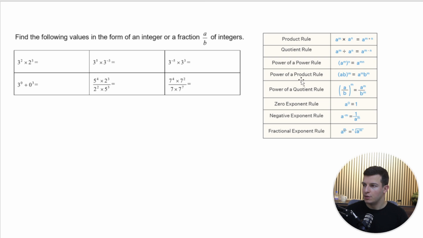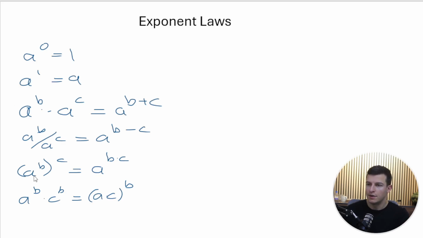There's a power rule we talked about, product rule. Okay, when you have a bracket, when you open them, you apply the power to every single one of them. Yes, negative. We didn't talk about negative, yes. So if you have a to the power of negative m, that's going to be 1 divided by a to the m. Okay? And also I saw there was something about the square root.